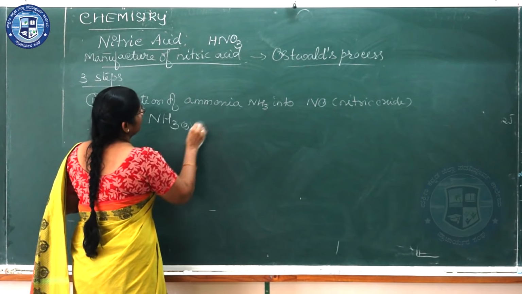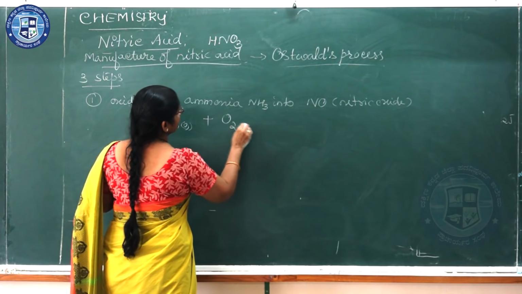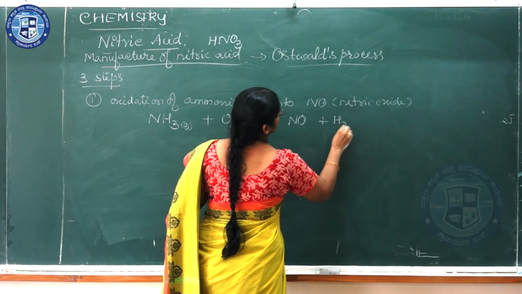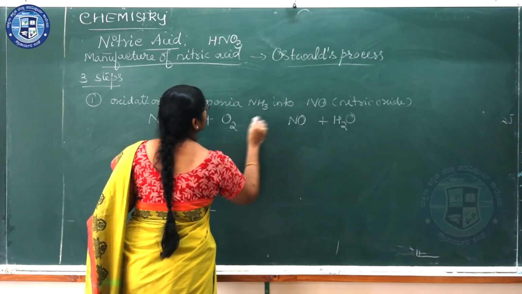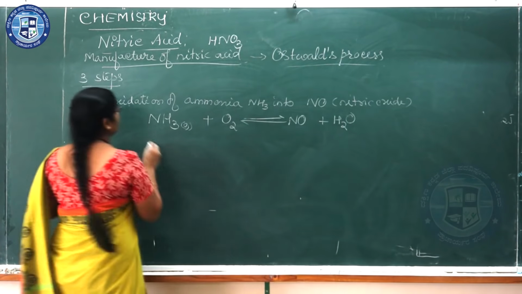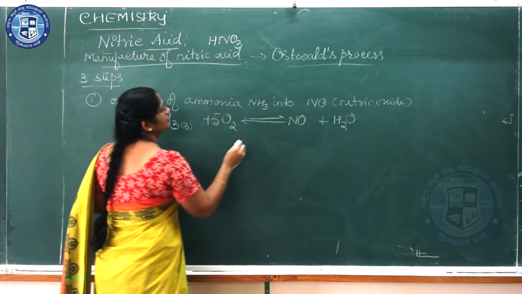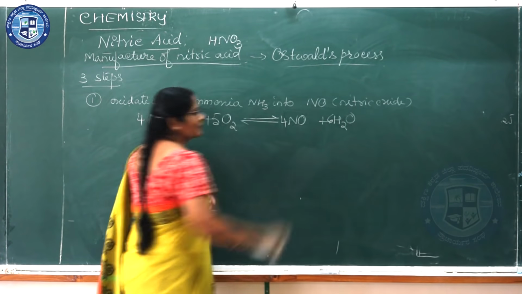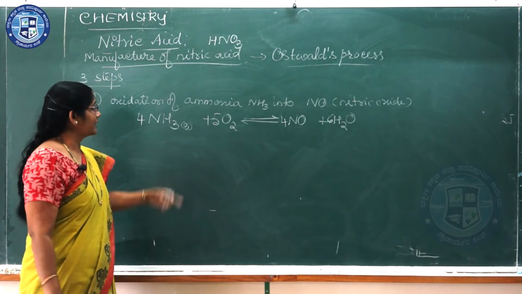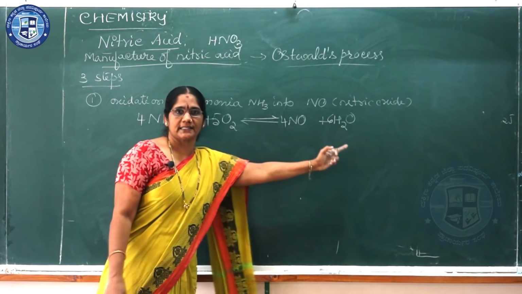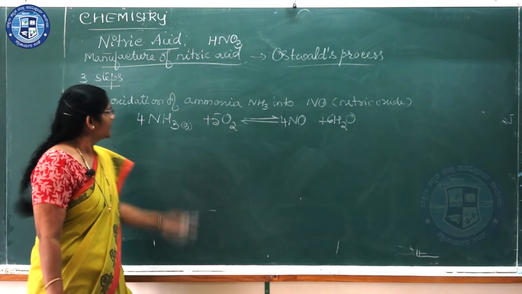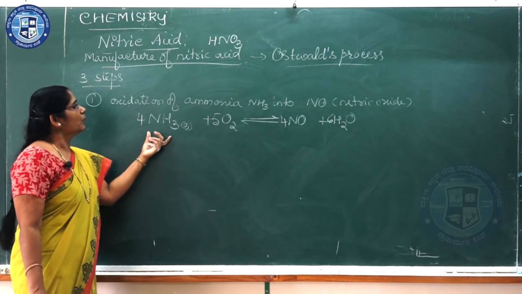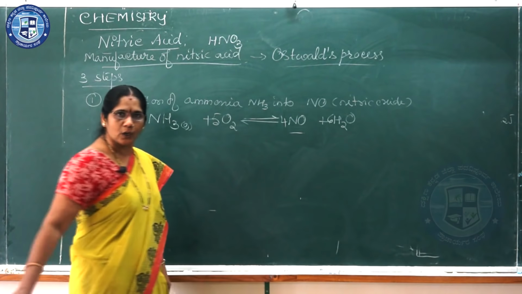Ammonia plus oxygen. So you can remember balancing the equation, the numbers 4, 5, 4, 6. That's why normally the students remember this. So the ammonia molecules get oxidized to nitric oxide.